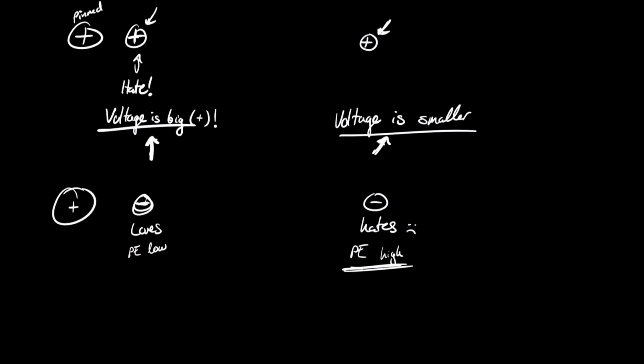But there's no issue with that. The voltage only tells us where positive charges hate being, and the electron's potential energy will always be opposite what the proton's potential energy is, okay?